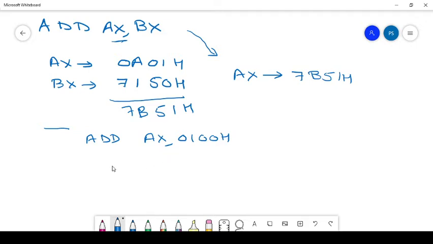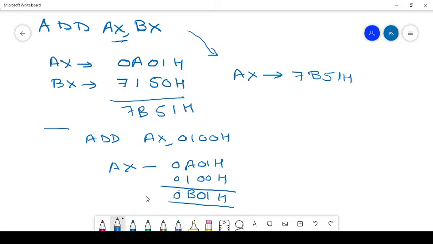Assume the AX content is 0A01H and the immediate data is 0100H. Then both will be added: 1 plus 0 is 1, 0 plus 0 is 0, A plus 1 is B. So the result will be 0B01H.